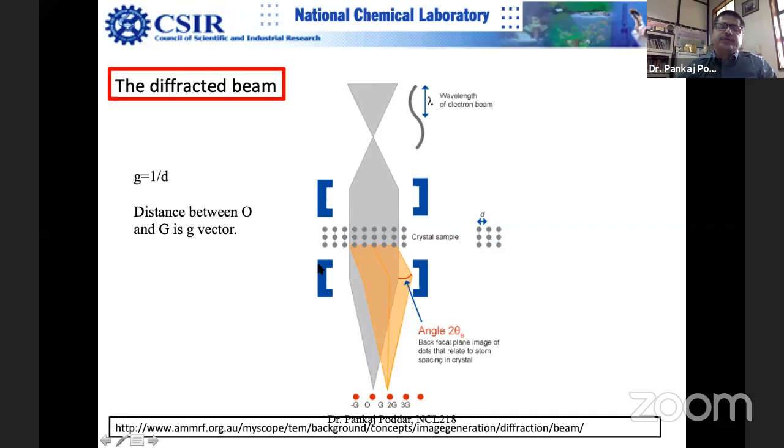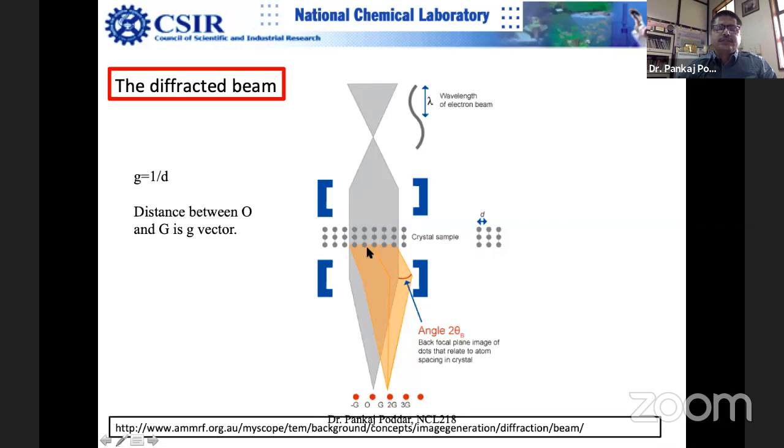You can see what we are doing. We are doing the reversal. We are going from real space to reciprocal space. So we are basically taking the Fourier transform. I hope you can understand. Naturally, Fourier transform is happening. Any reduction in d is increasing the distance. Please note that, because g is 1 over d.